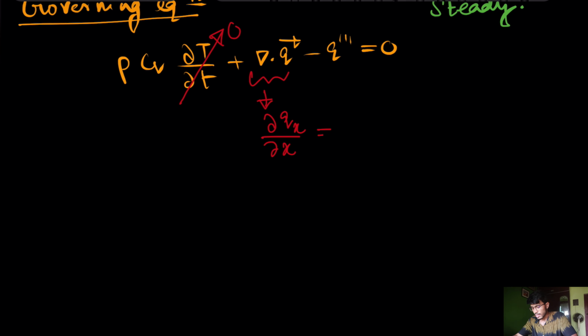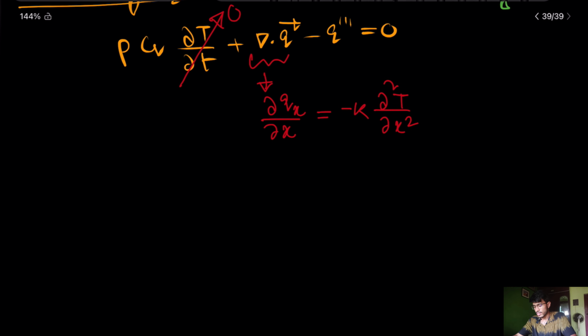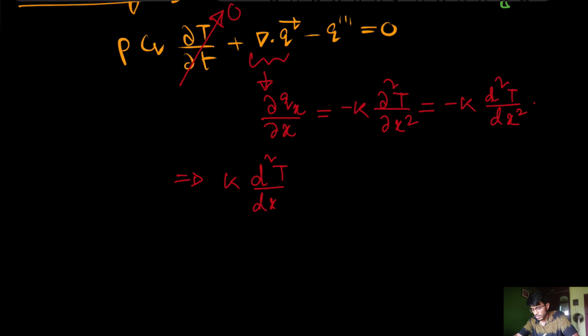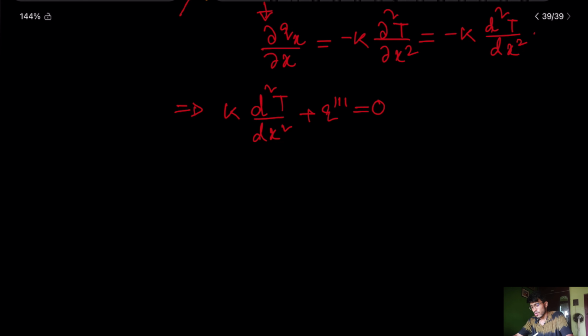And we know that this is minus k del 2T del x2 according to Fourier's law of heat conduction, right? That means the equation boils down to this, and this I can write as an ordinary derivative instead of the partial derivative. The reason is very obvious: it is a one dimensional problem. So this is the ultimate governing equation.